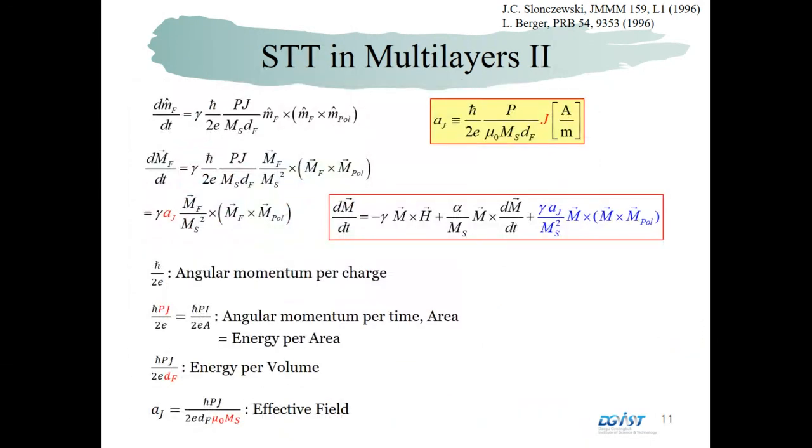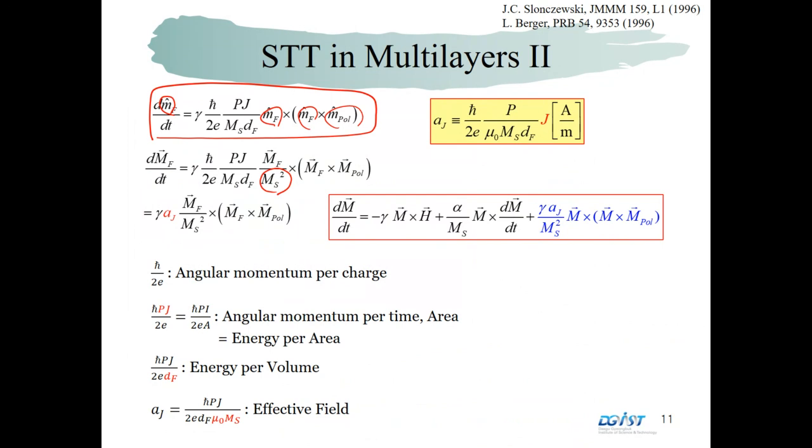Here, let me write it down again, in this form. Here all those vectors are unit vectors. But if we are working with the magnetic moment, we need an extra term here.